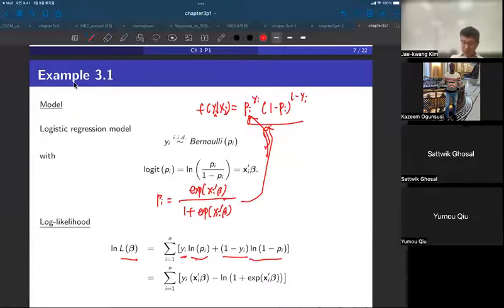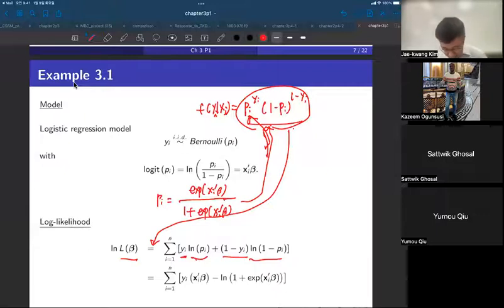So this form of the density function actually explains the form of the log likelihood. And the second equality is just algebra. You simplify, then you get this one.